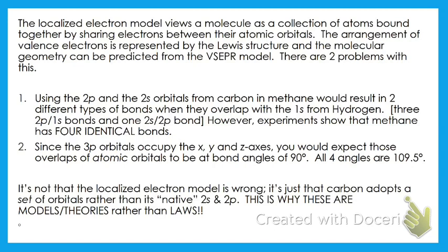If we were to look at the orbitals, let's say for methane, CH4, we have a 2s orbital and a 2p as our valence electrons. We have 2 electrons in the 2s, and we have 1 electron in the 2p. So we would expect those to be at different energy levels, but also, there are 4 things centered around there. You would expect it to be 90 degrees because there are 4 things around a center, and it's not. It's 109.5.